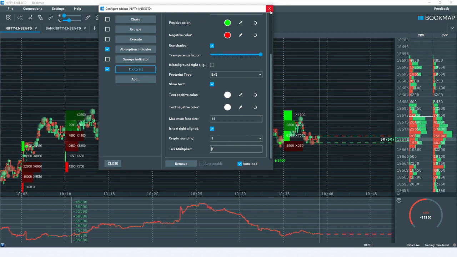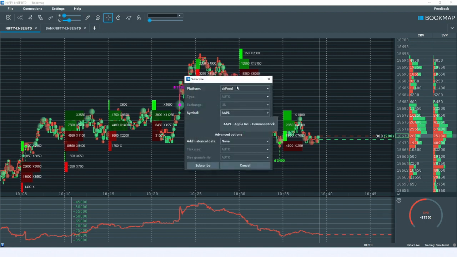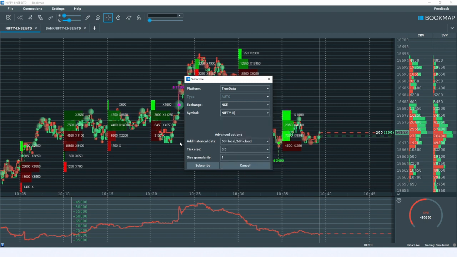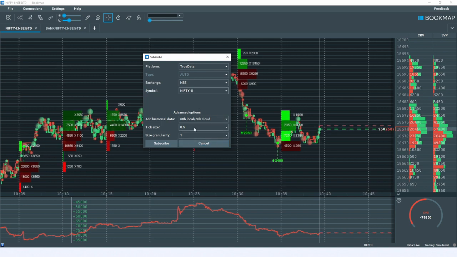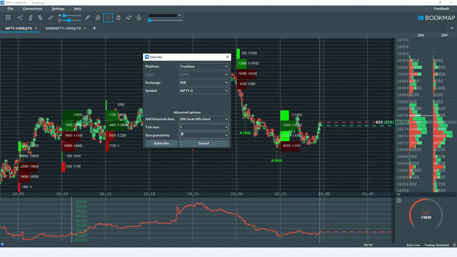This is also one of the pieces of information I missed to tell you. When you add an instrument, let me add some instrument over here. While subscribing to the instrument, it will ask you what tick size you want. If you want to use the footprint charts, you can keep it as 1.